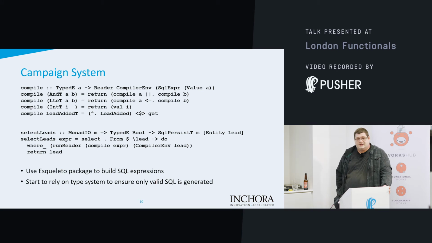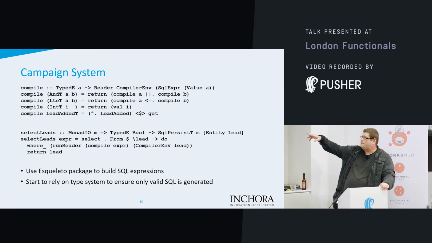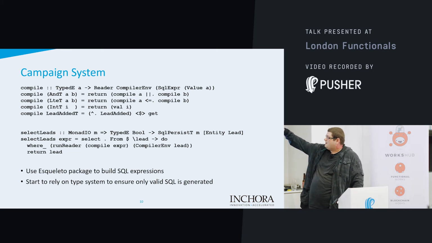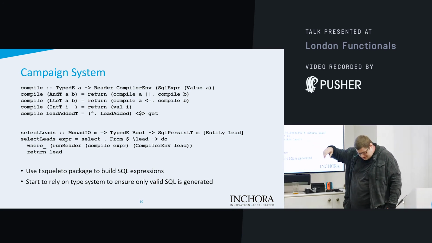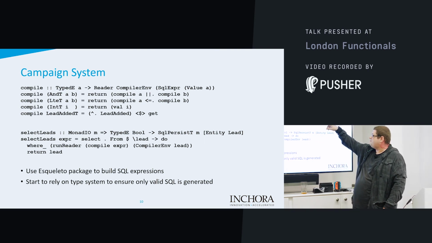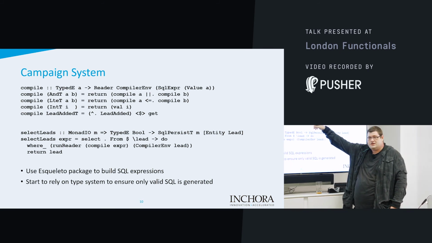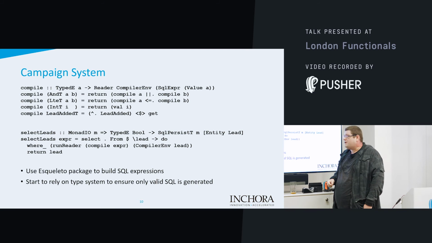Then we need to generate the actual SQL, and each of these diagrams essentially just turns into SQL because we need to be able to run it against the database. Running it against the database is quite easy. We take our typed expression as the first argument of our compile function, and we turn it into an SQL expression. Now, the Esqueleto system has this wonderful way of having values wrapped inside expressions, which complicates the type a little bit. But essentially, we just have a reader monad here, which allows us to pass some environment around for the compiler.